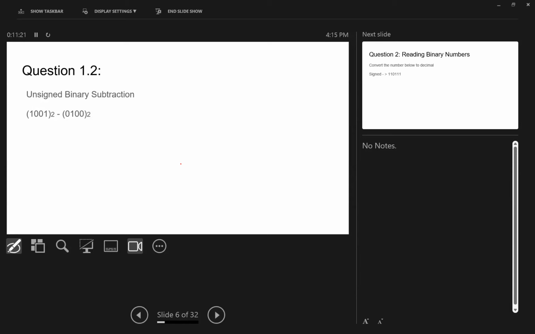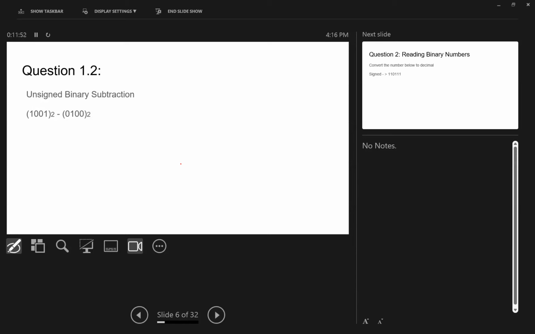So you have to get the representations from the problem set, and decide which representation we're going to use to decode these numbers, right? According to this problem set, these two numbers are just unsigned representations. So namely, this should be 9, and this should be 4, and the result should be 5, right?